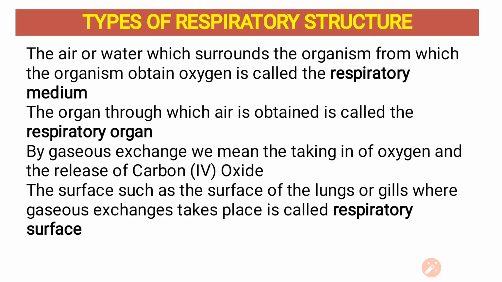Types of respiratory structure. The air or water which surrounds the organism, from which the organism obtains oxygen, is called the respiratory medium. The medium from which we obtain oxygen could be terrestrial, aquatic, or semi-aquatic. That environment is what we call the respiratory medium. While the organ, for example the gills, the tracheal system, the skin, these organs from which air is obtained are called the respiratory organs.